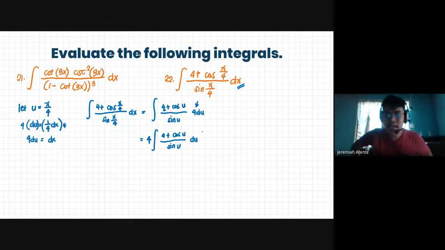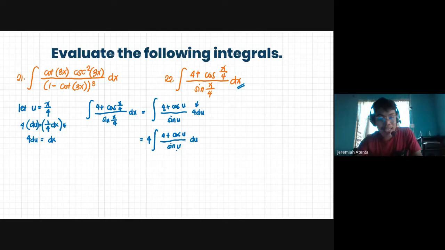Now, we need to simplify it further so that we can integrate it using the basic integration rules. As I said, you need to let an expression be a certain variable in such a way that if you differentiate it, the other part comes out.